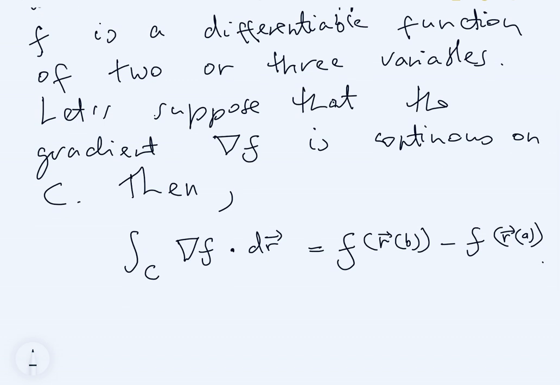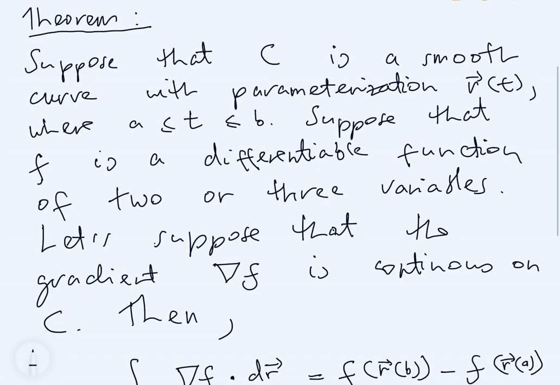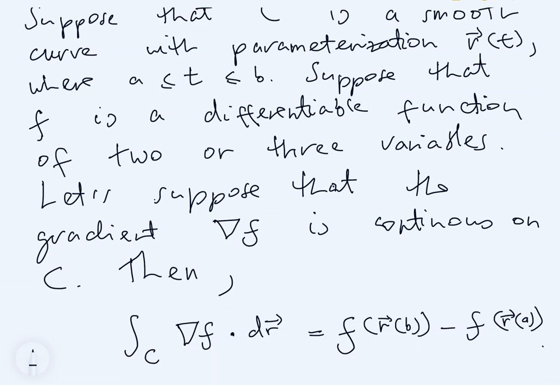Okay, so let me say the theorem again. Suppose that C is a smooth curve with parameterization r of t, where t is between a and b. Suppose that f is a differentiable function of 2 or 3 variables.